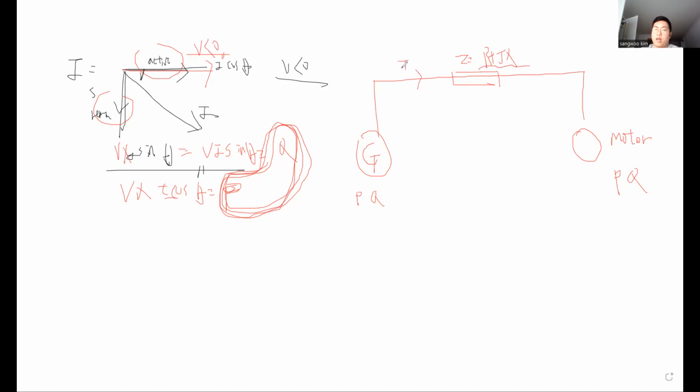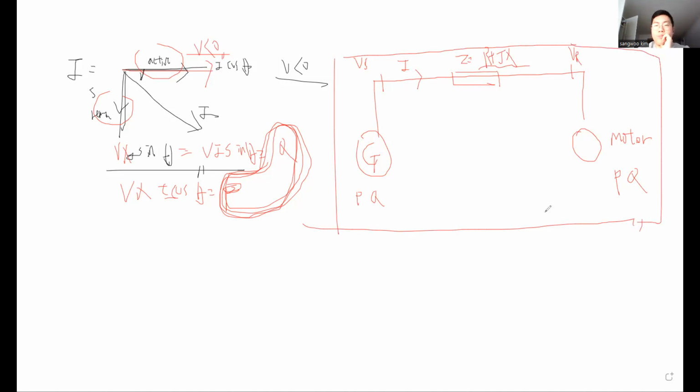So broadly we see a power system. Look at that: the generator needs to make P and Q, because the motor needs P and Q.